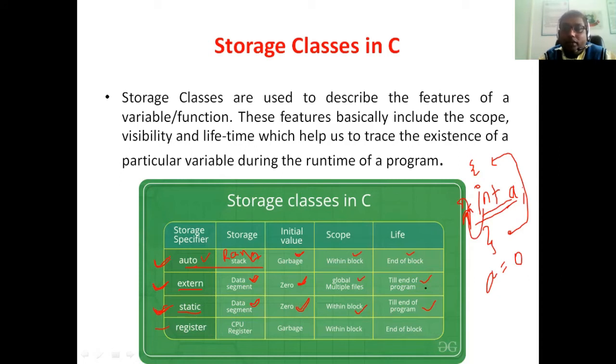Suppose static integer a is equal to 5, and somewhere else the value of a gets changed from 5 to 10. That means now the value of a is 10, so throughout the program the value of a is 10. If you make changes to the static variable, the same copy will be accessible till the end of the program.